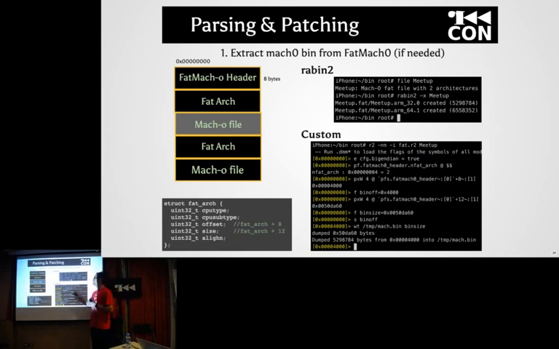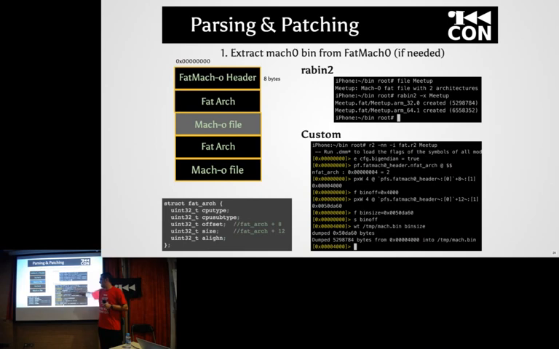So first of all, we are going to extract a Mach-O file from a fat Mach-O. We can do it in two ways. Just using rabin2 -x, and you are going to have two more files, where each file is a Mach-O file. Or you can do it on your own.